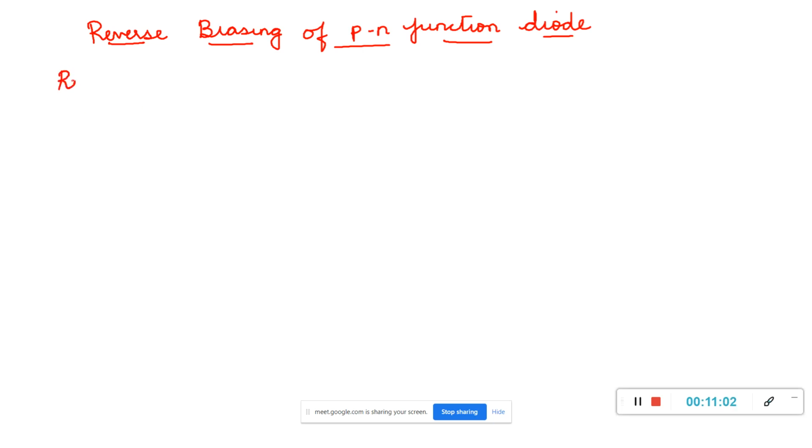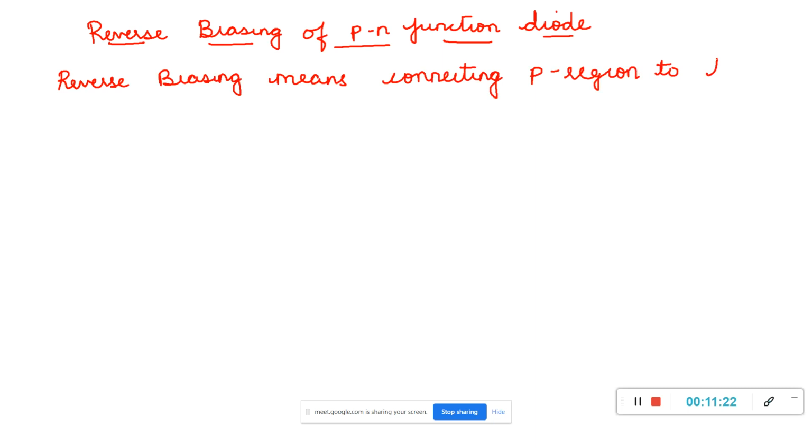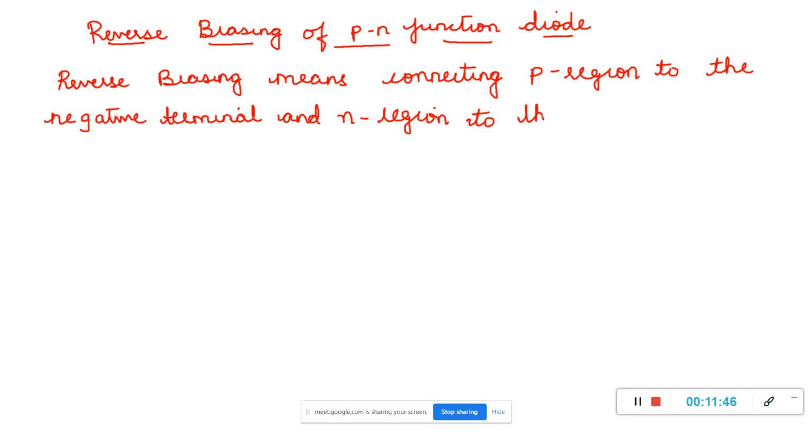So let me be very clear. Reverse biasing means connecting P region to the negative terminal and N region to the positive terminal of the battery.